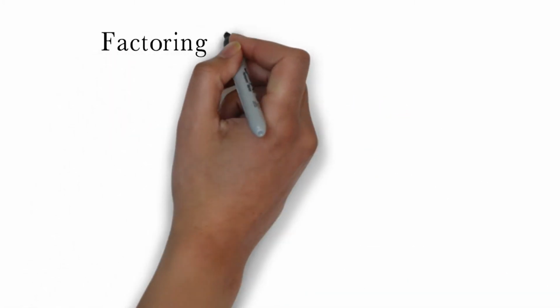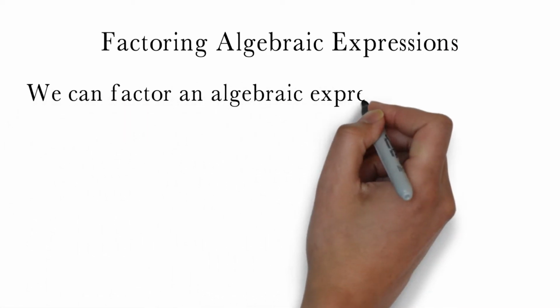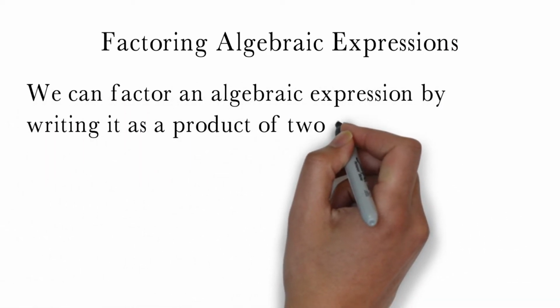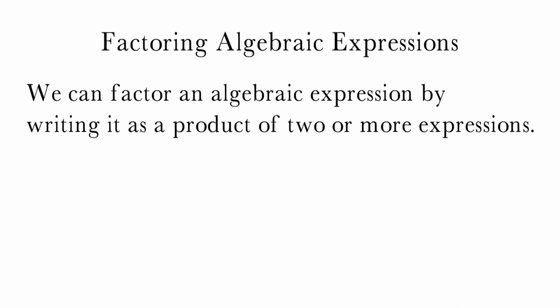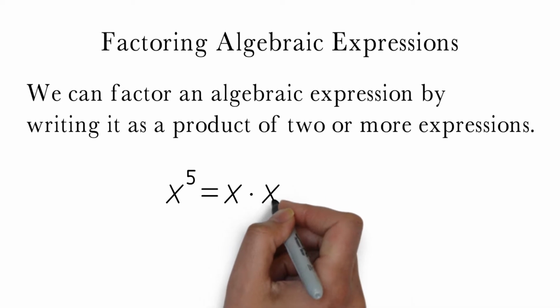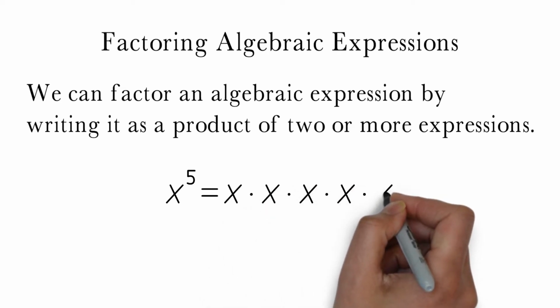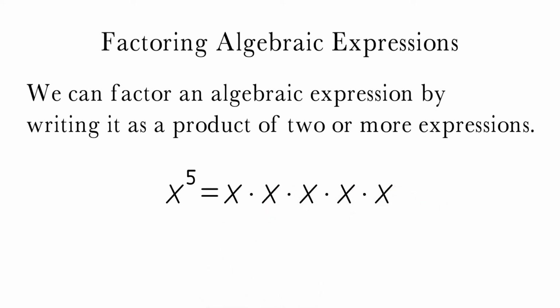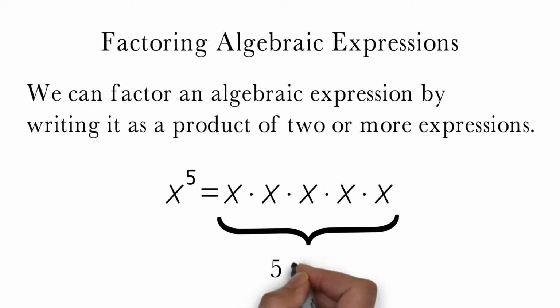Next, we'll move on to factoring algebraic expressions. We can factor an algebraic expression by writing it as a product of 2 or more expressions. Consider the expression x to the exponent 5, which is equivalent to x times x times x times x times x. Note that x is multiplied by itself 5 times, so this expression contains 5 factors of x.